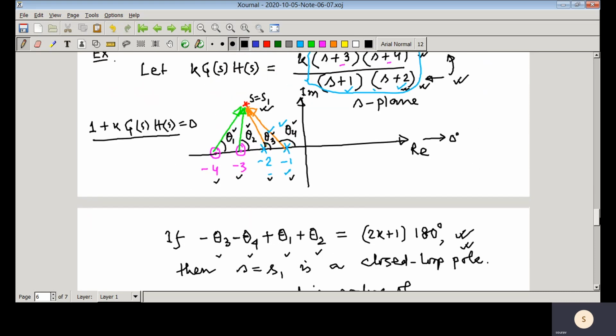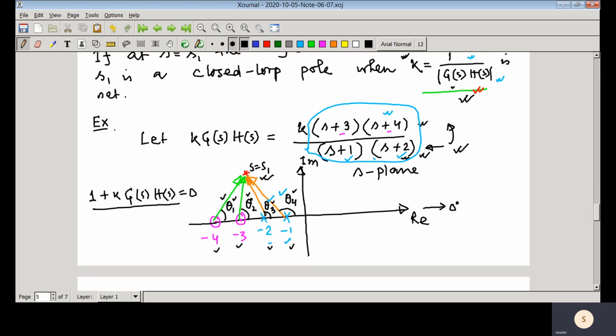Pole lengths and zero lengths mean the lengths of those vectors whenever you have drawn them. If S equal to S1 is this point, then the length from this point to this particular pole is this one. Similarly, we can have the length from this point to this pole is this one.